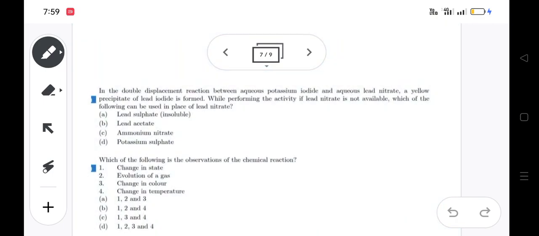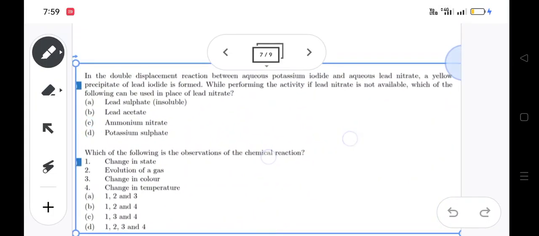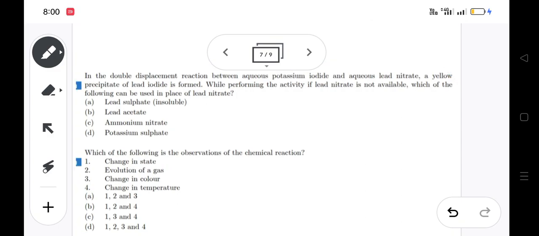Now, in this slide, two questions are there. In the double displacement reaction between aqueous potassium iodide and aqueous lead nitrate, a yellow precipitate of lead iodide is formed. This reaction is also familiar to you. We have discussed many questions related to this.